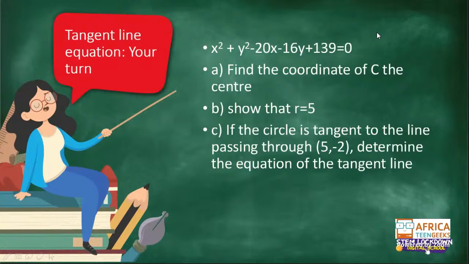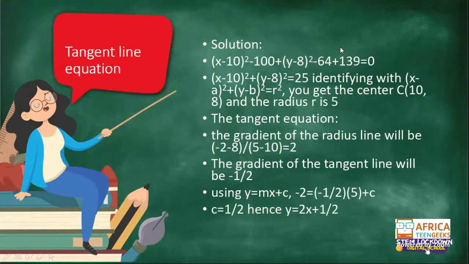So we know that the gradient of the tangent line, we have -10 and we have -8. All right, so we have the point which is also 5.